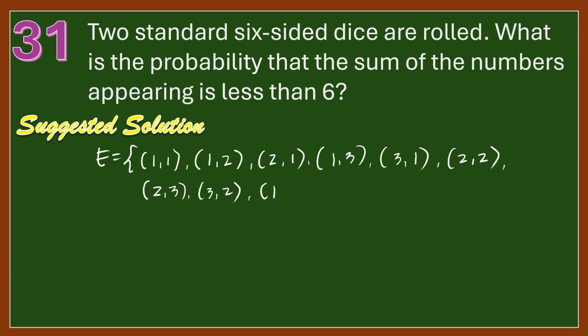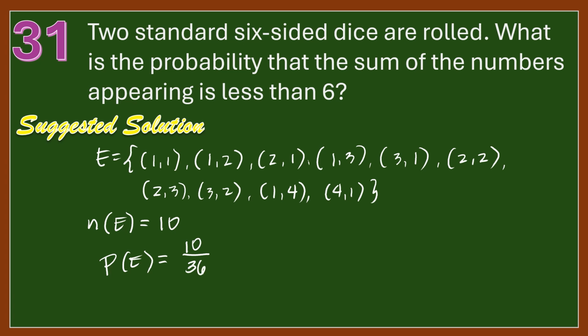Then we have 1 and 4, also 4 and 1. Hence, the number of elements in set E is equal to 10. So the probability of this event is equal to 10 over 36. And this is equal to 5 over 18.